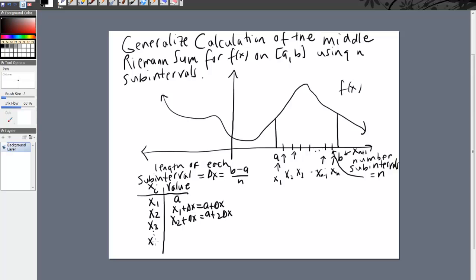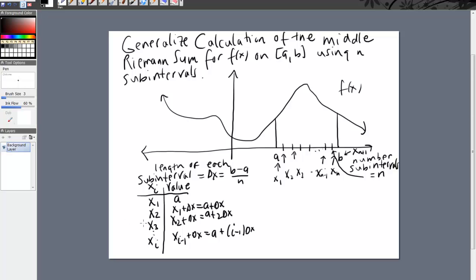In general, x sub i is x sub i minus 1 plus delta x, which can be shown to be a plus i minus 1 times delta x.